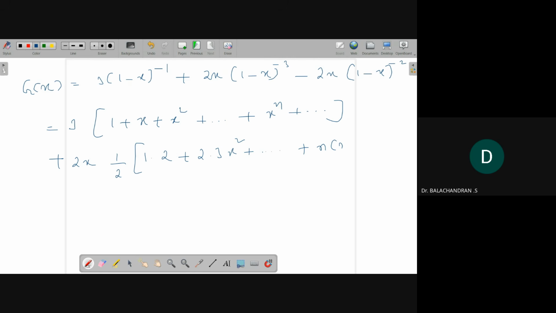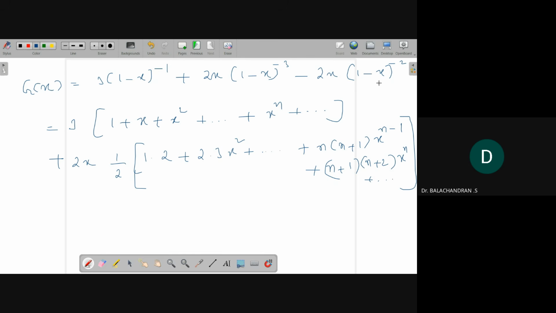Here n into n plus 1 into x power n minus 1. Okay, I don't need the nth term here because I don't have any constant term. Anyway, I'll write n plus 1 into n plus 2 into x power n plus and so on.